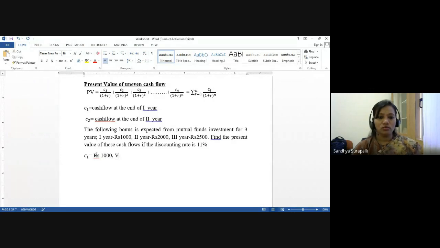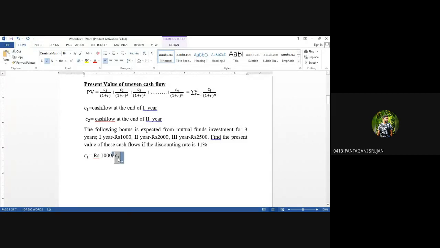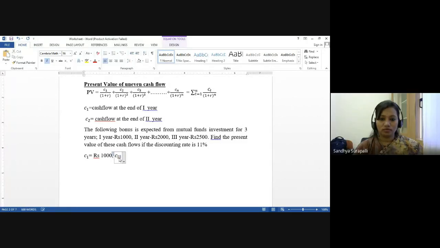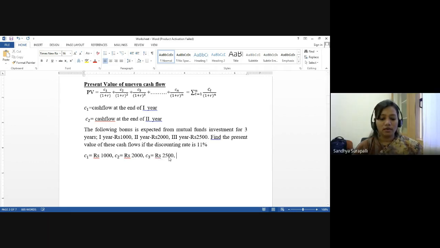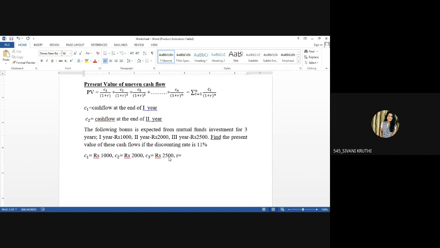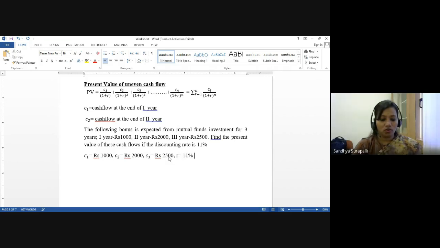Then C2 is 2000. C3 is 2500. And what is R? 0.11, that is 11%.